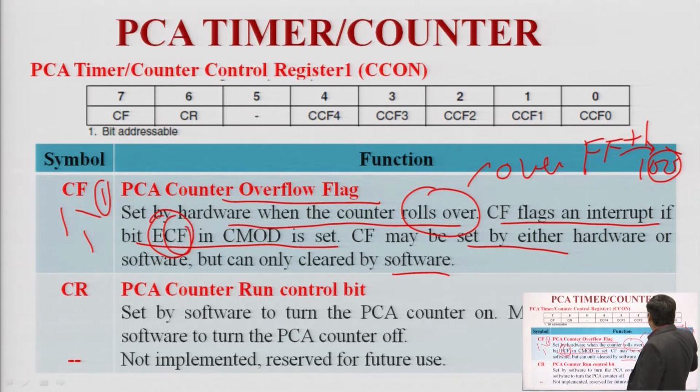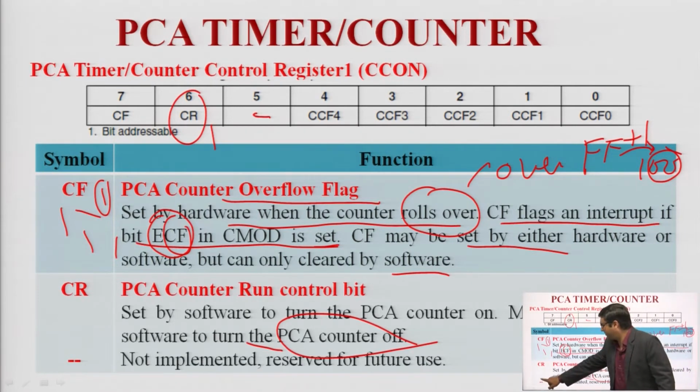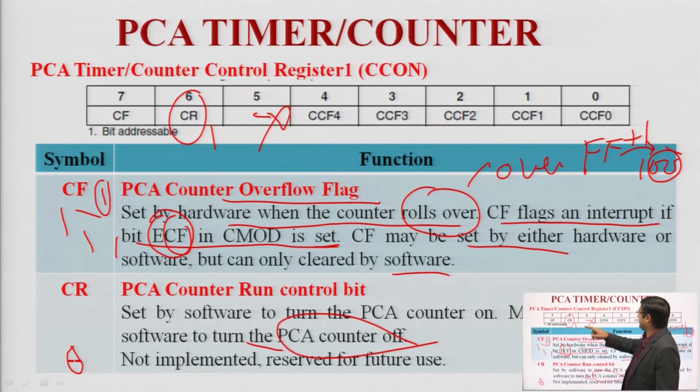When this is 1, it enables the interrupt. Next is the run control bit. This is for triggering the timer to enable the PCA timer counter. It should be 1, and it is cleared by software. And this bit is not implemented. It is reserved for future use.